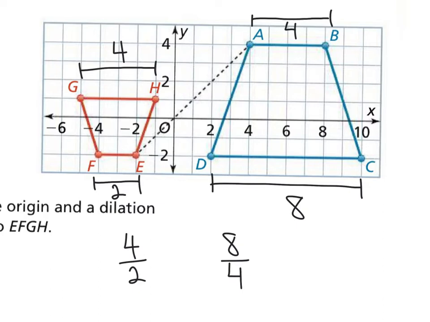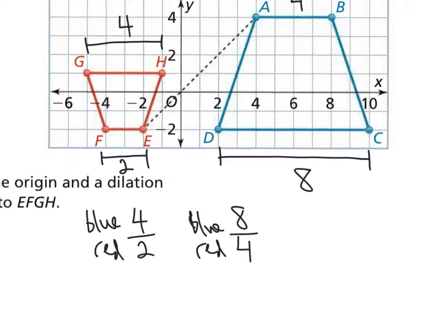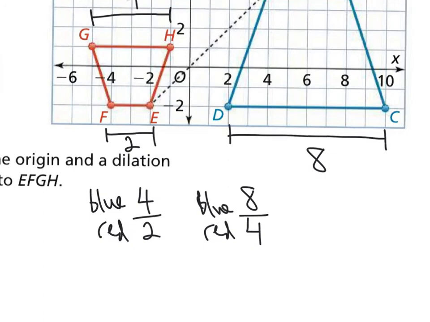So I guess we could say it's like our blue over red. Or you could say A, B, C, D over G, H, E, F, or whatever. Okay, so the question is going to be whether those are proportional or not. So those are actually equivalent. They're both equivalent to 2/1.